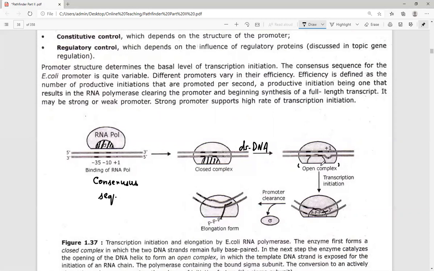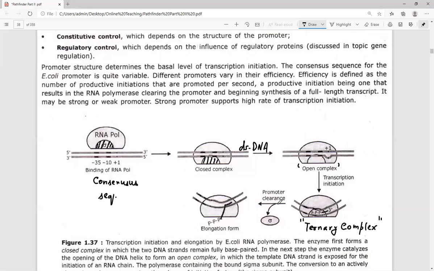Now the primer will be provided over the melted DNA, and this leads to the formation of the ternary complex, because you have an RNA transcript.